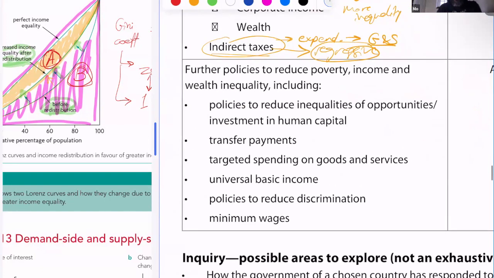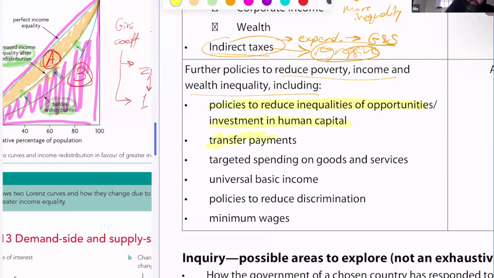Now, there are also other policies to redistribute income, right? Policies to reduce inequality of opportunities by expanding the opportunities for the poor. Policies to invest in human capital, like providing universal college education, free college education for everybody, regardless of whether they're rich or poor.